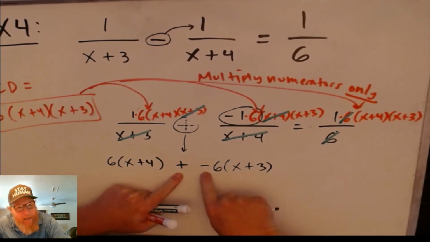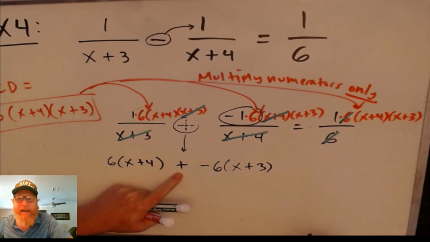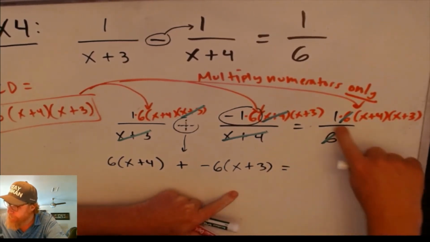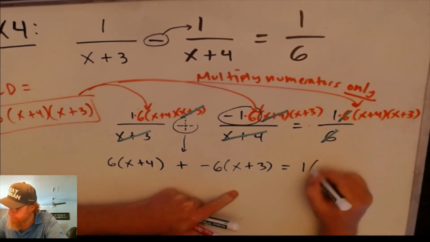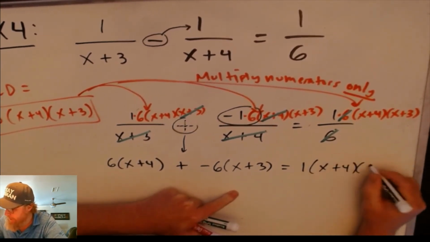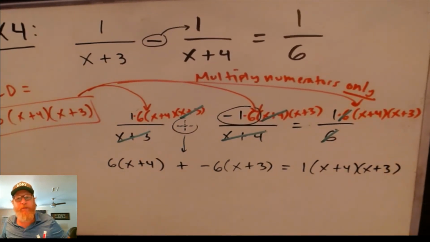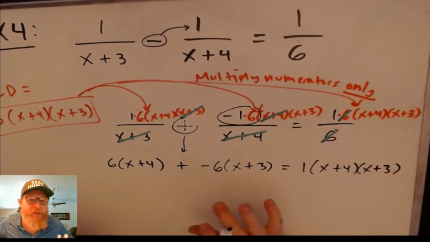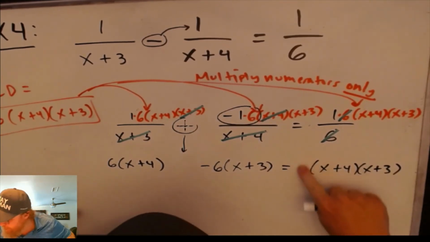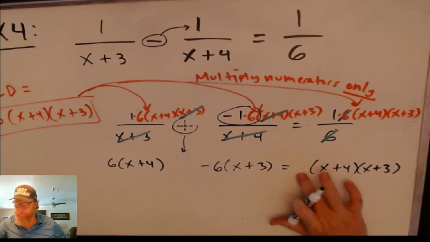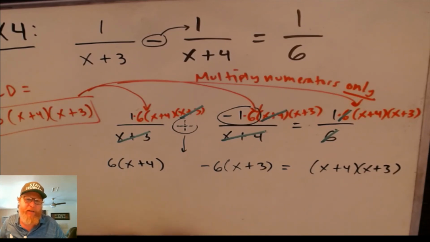I'm just being extra careful that I don't lose that negative sign there. And then here you have a 1, and then x plus 4, x plus 3. All right. So here's a couple things you can omit. You can omit this plus sign, and you can omit this 1. They're not going to affect the result as long as you're careful with everything else.